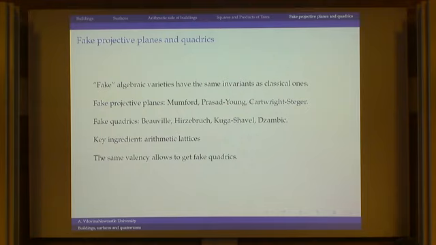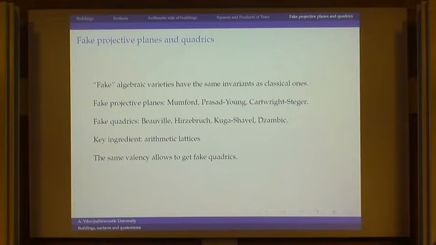Nevertheless, there are examples of Beauville, Hirzebruch, and other people. But what is the relation to my talk today? It turns out that the key ingredient, at least for the existence of such fake projective planes and quadrics, is arithmetic lattices acting either on buildings, on products of trees, or on some kind of interesting objects.